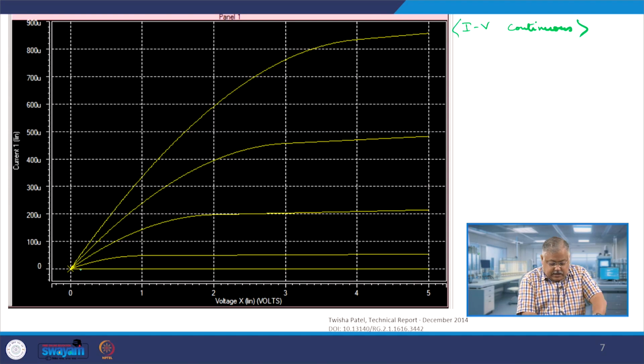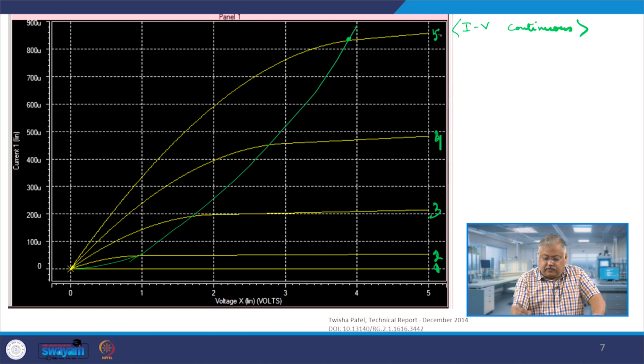The second aspect is that VD sat has actually become larger now. Let us say this is 0, 1, 2, 3, 4, and then 5.